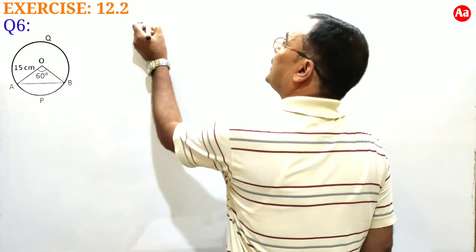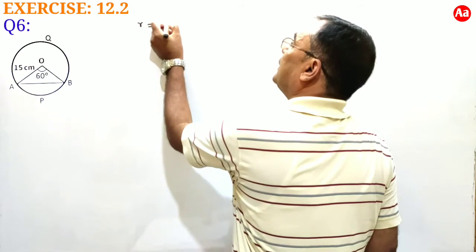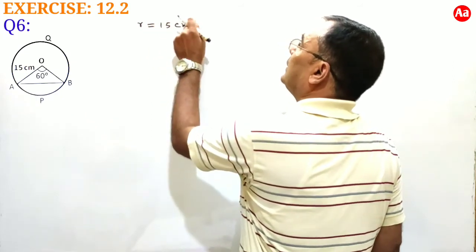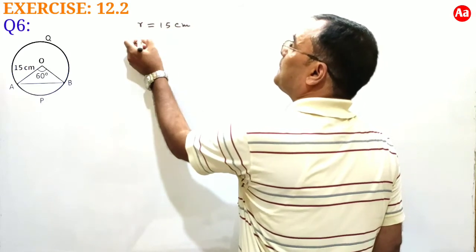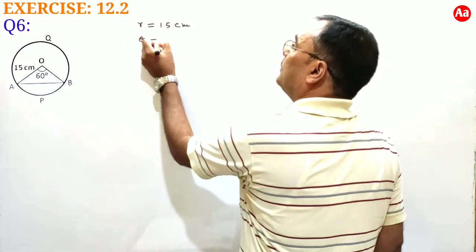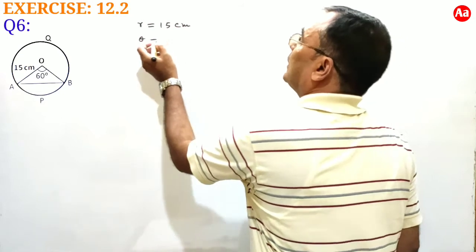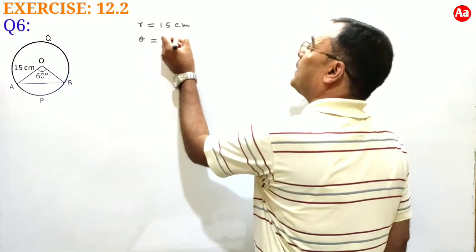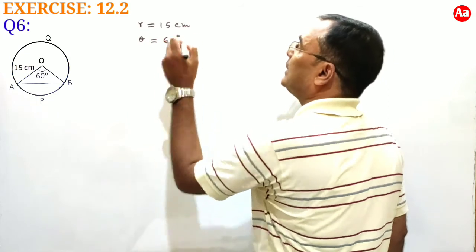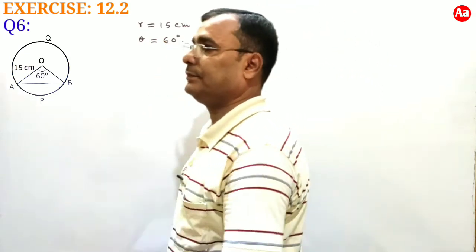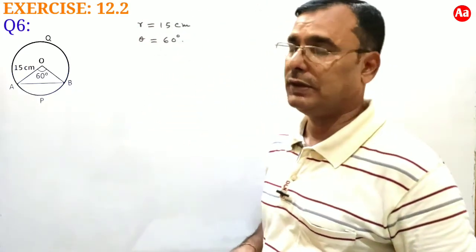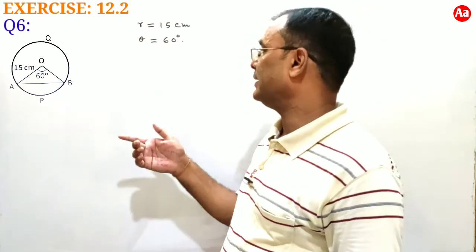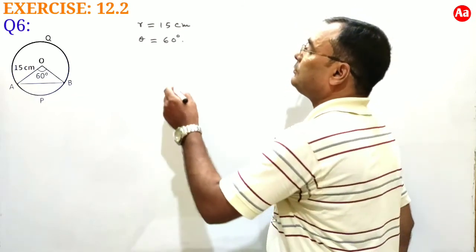Angle at the center by the chord is given, 60 degree. So this angle of 60 degree is the sector angle also, and the angle for the minor segment APB also.